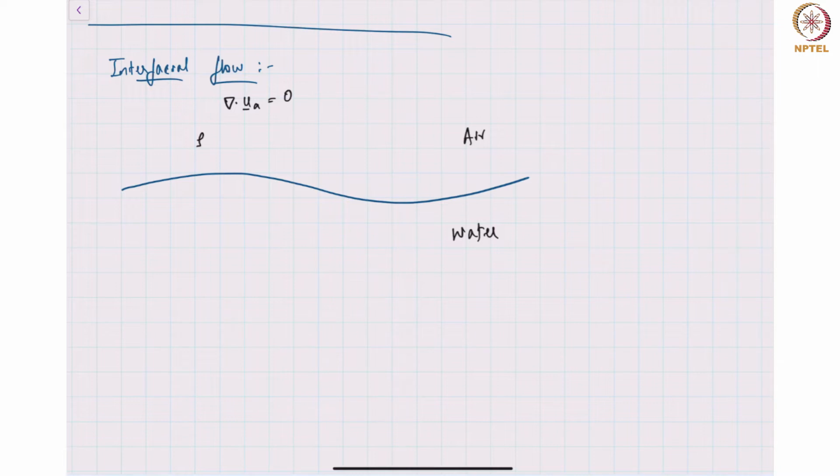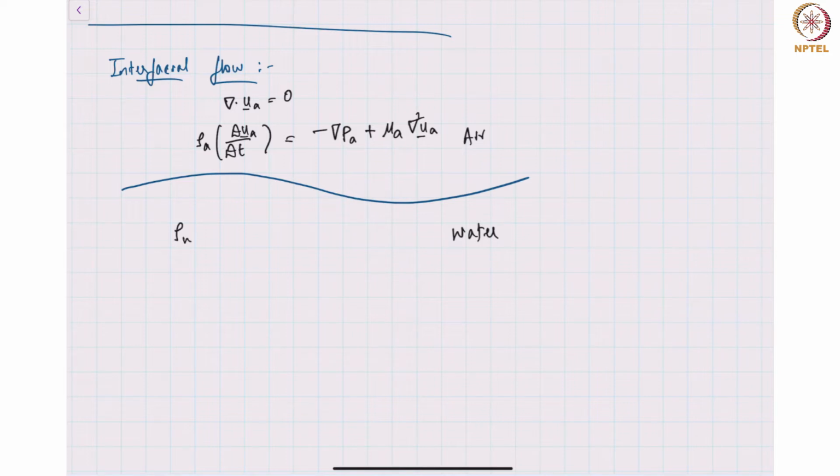And whereas the momentum equation becomes d by dt of U air, pressure in the air, viscosity of the air, and the viscous term in the air.